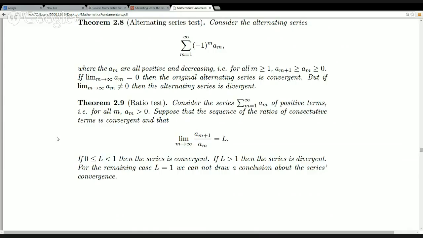Let's finish with another example. Here we're going to examine this series: n factorial over 3 to the power n. Well, you see exponents and you see factorials.